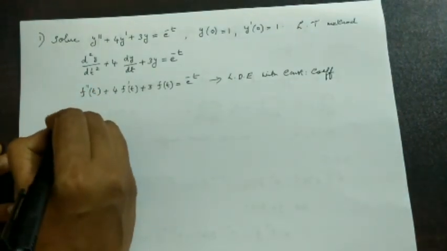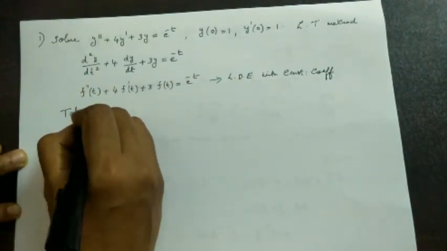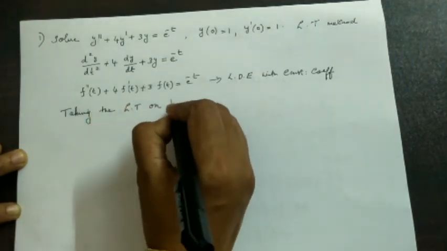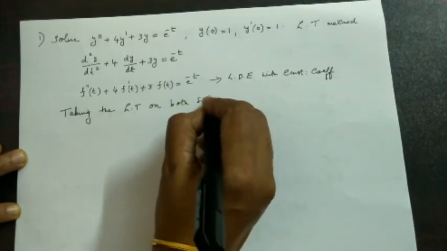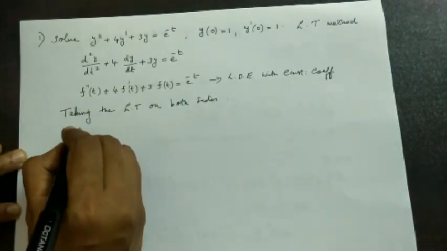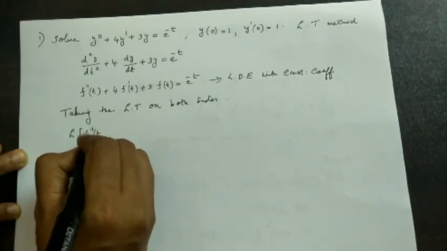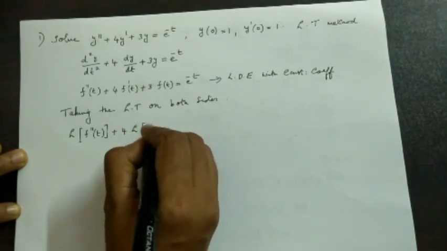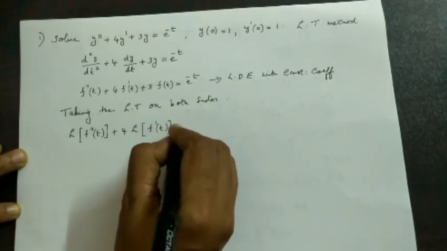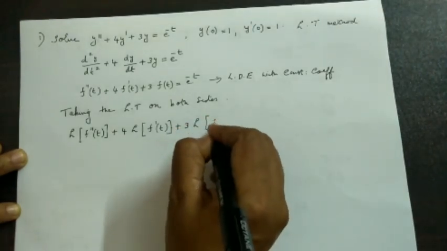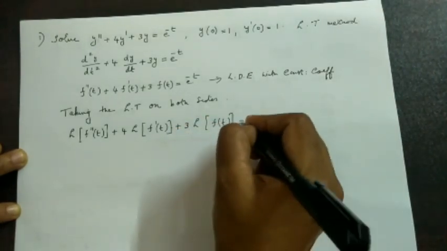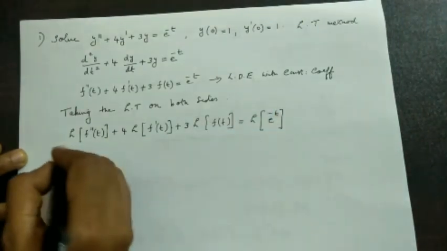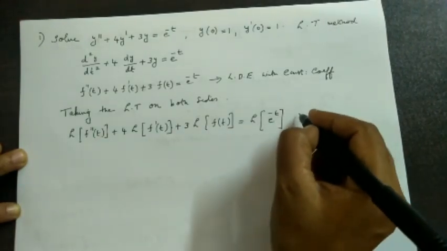Now taking the Laplace transform on both sides, then we'll get the Laplace transform of f double dash t plus 4 into Laplace transform of f dash t plus 3 into Laplace transform of f of t, which is equal to Laplace transform of e raised to minus t.